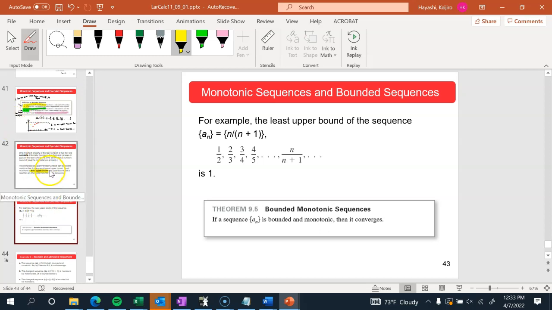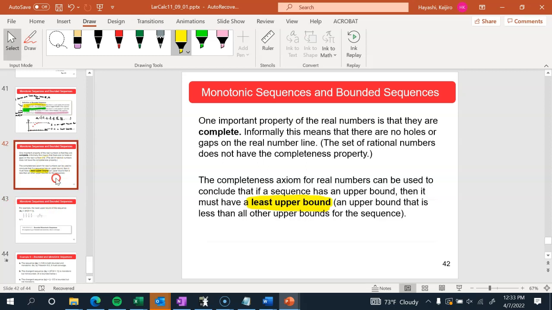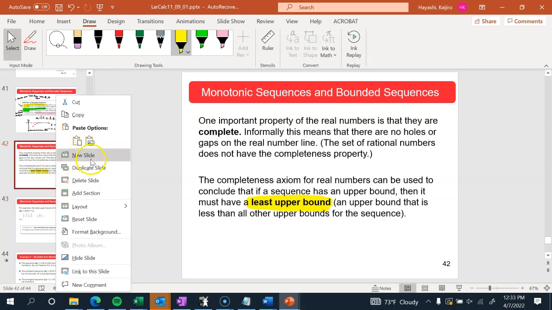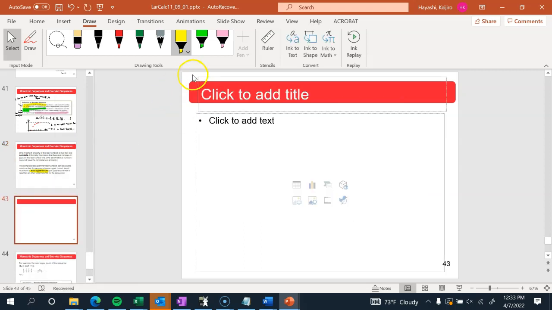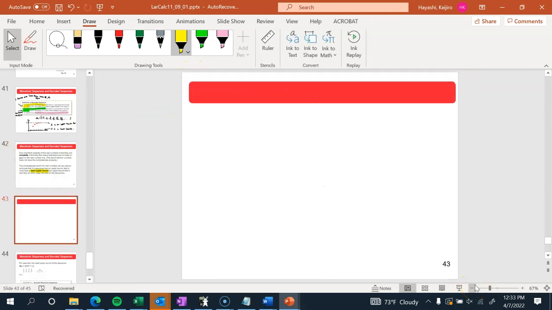So there are bounded sequences and unbounded sequences and monotonic sequences and non-monotonic sequences. Those properties are sort of independent of each other. You can't just take it for granted that they're related.